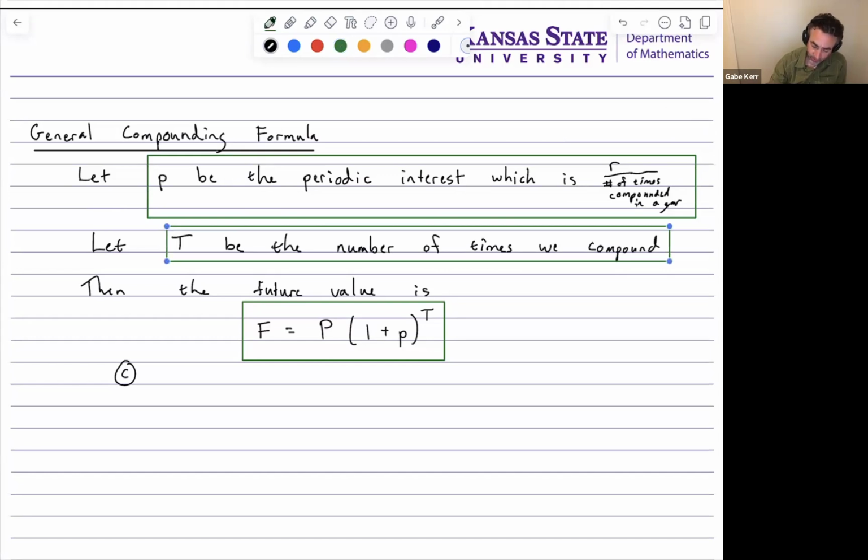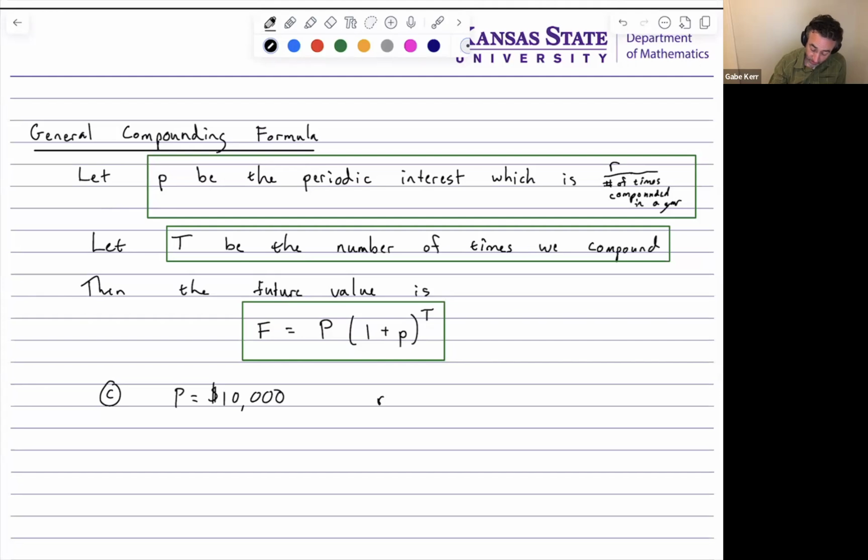So let's apply this formula to the case where we have the same kind of CD, but it compounds monthly. So the principal is the same, 10,000.